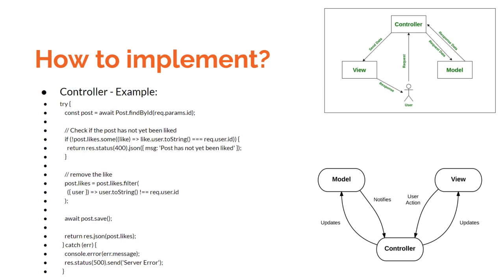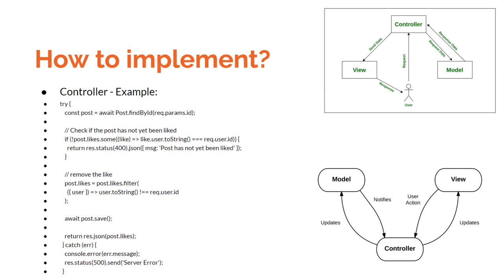And here's an example. This is a controller that has things in a try catch block. This is in a particular class. It's just a chunk of code that I took out to show what I mean by logic in a controller. This is where you would place that code, in a try catch block.